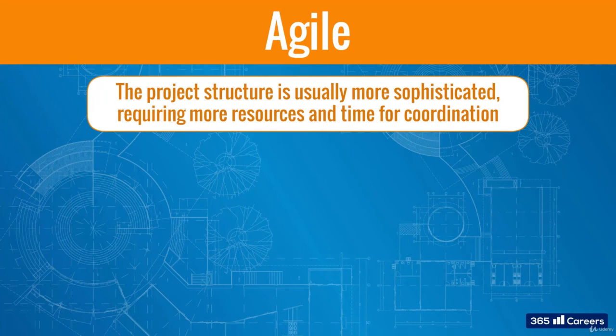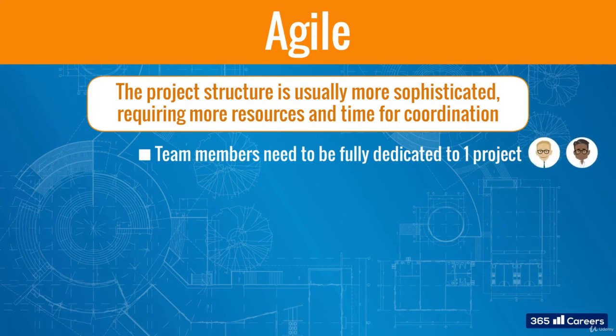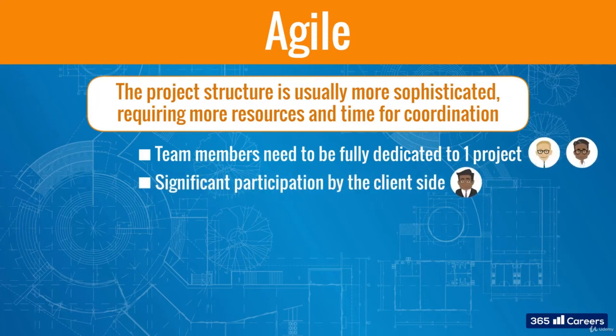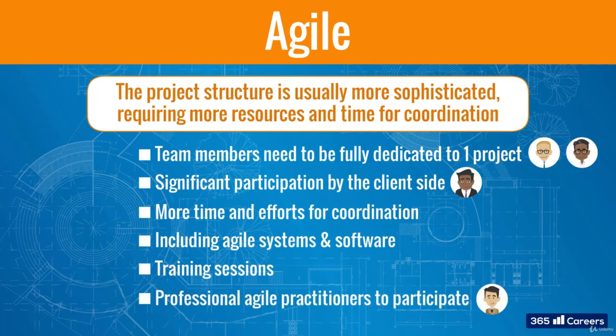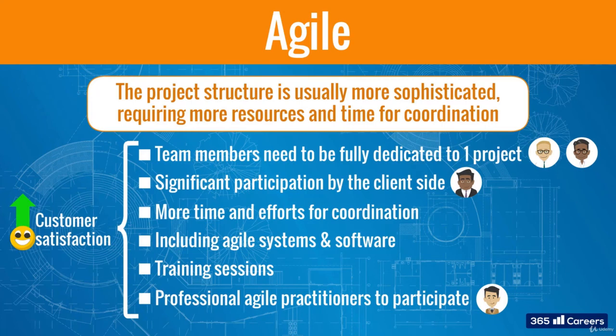For example, team members need to be fully dedicated to one project, significant participation by the client side, more time and efforts for coordination, including agile systems and software, training sessions, and professional agile practitioners to participate, like the Scrum Master, for example. These aspects, however, increase the chances of satisfying the customer need successfully. So if time and cost fluctuations are tolerable for the sake of creating a better product for the customer, it will be sensible to look for agile solutions.